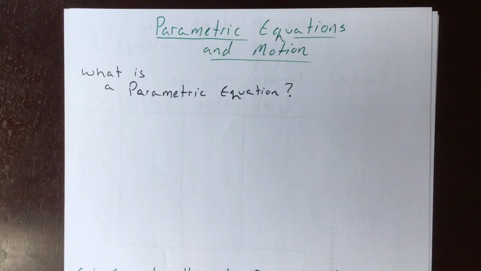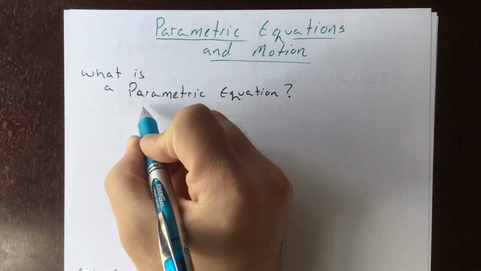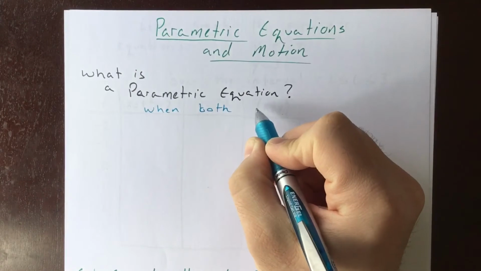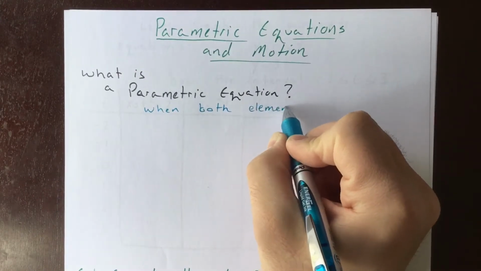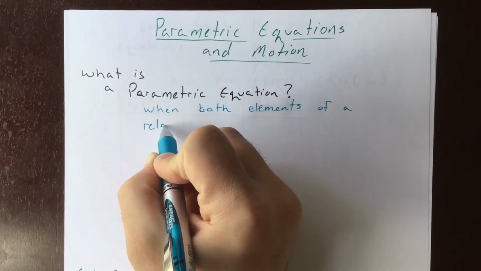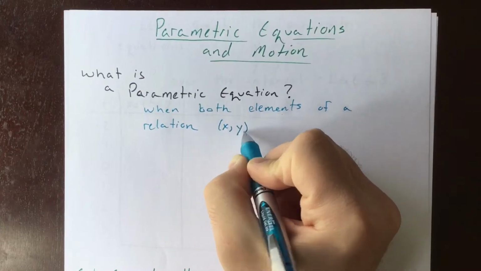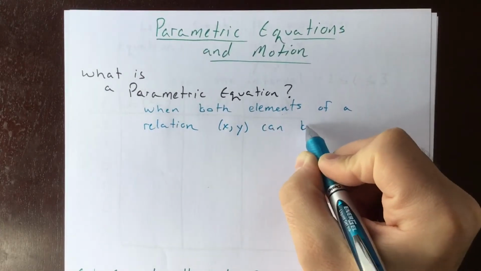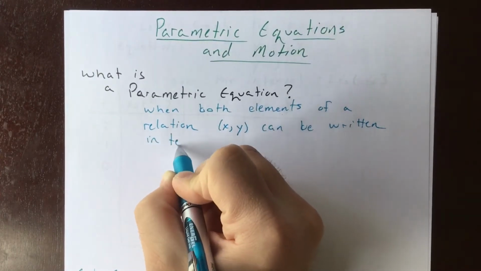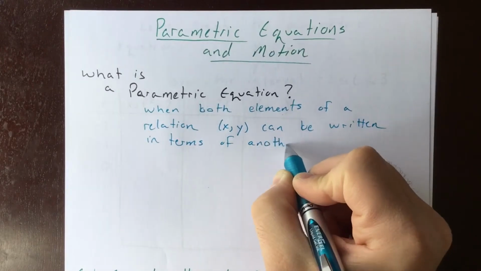So a parametric equation, or equations, is a set of equations where both elements of a relation, x and y, can be written in terms of another variable.